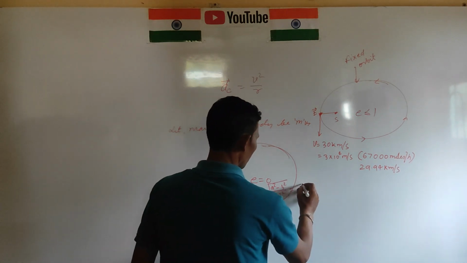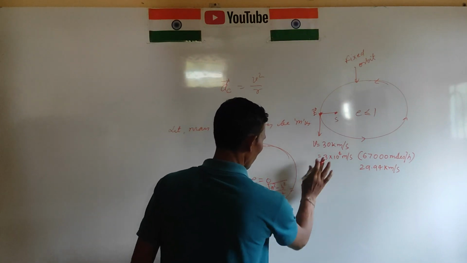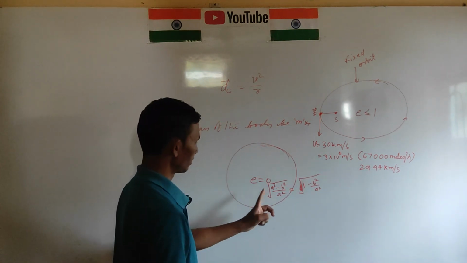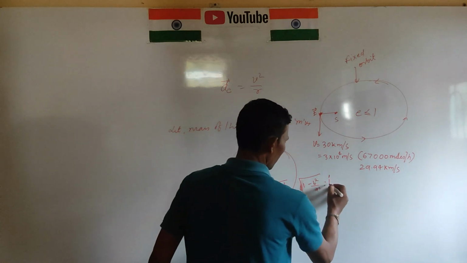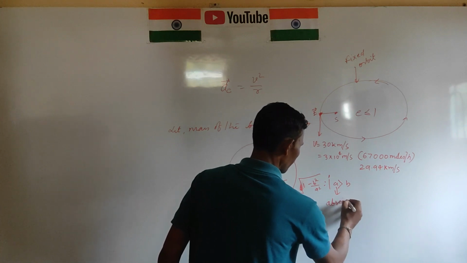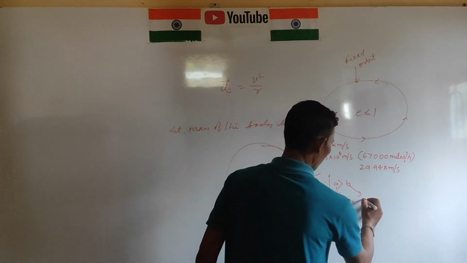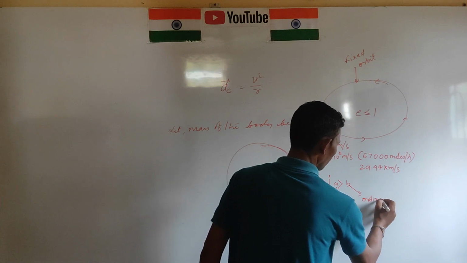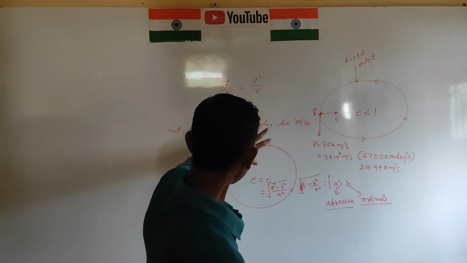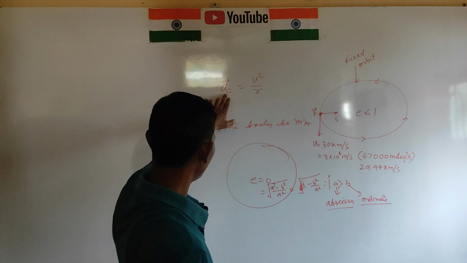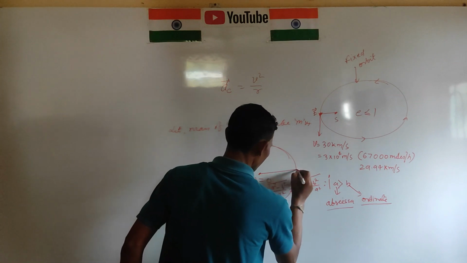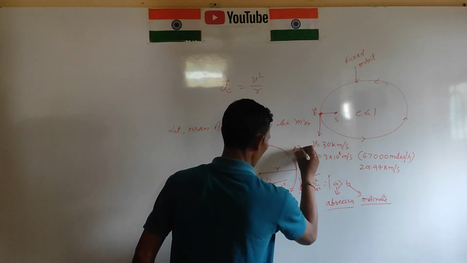So here a is greater than b, and a is called the abscissa, and b is called the ordinate. Now we are proving this angular acceleration when the body is moving in a fixed orbit, with its radius a and its velocity v.